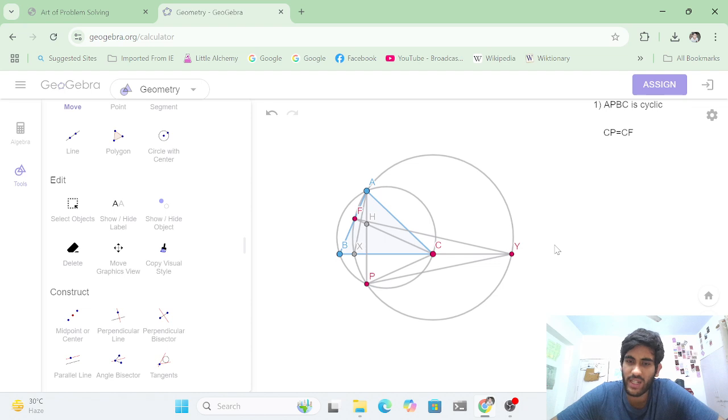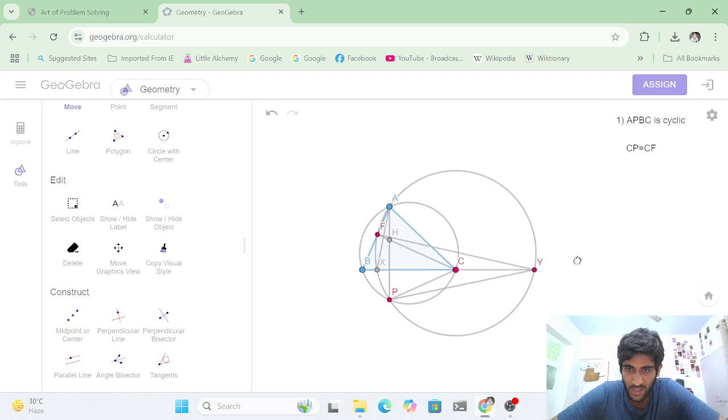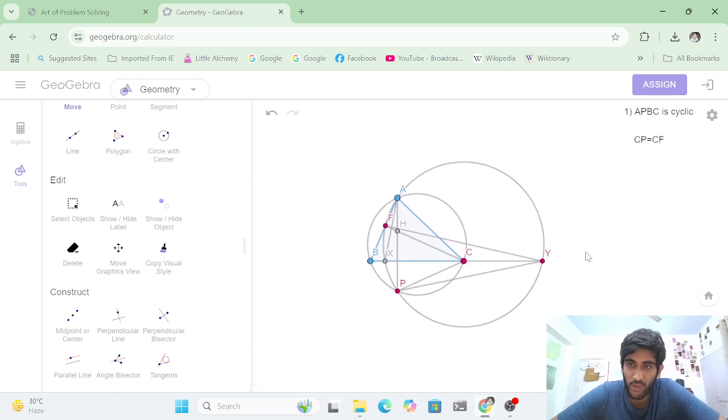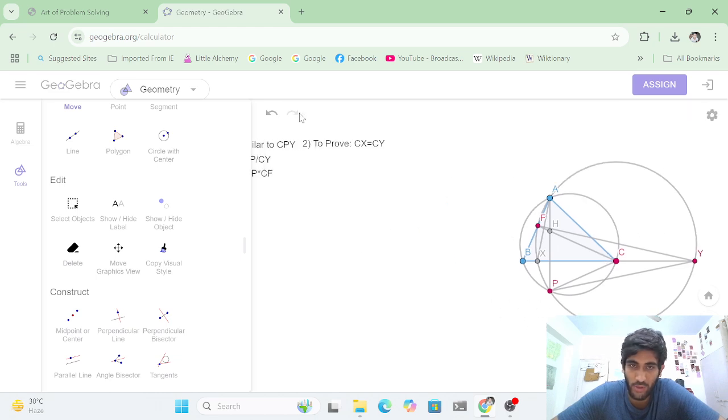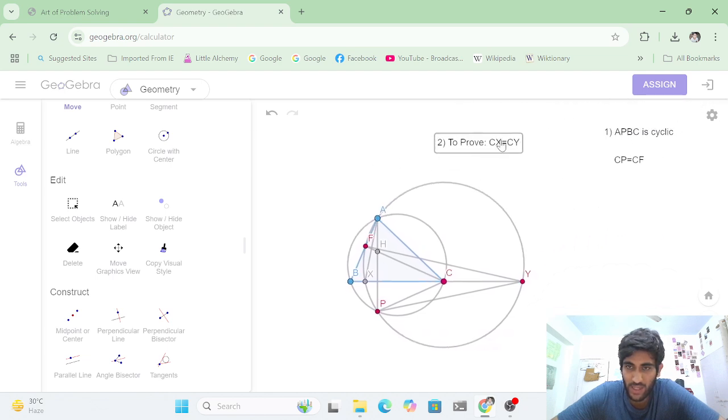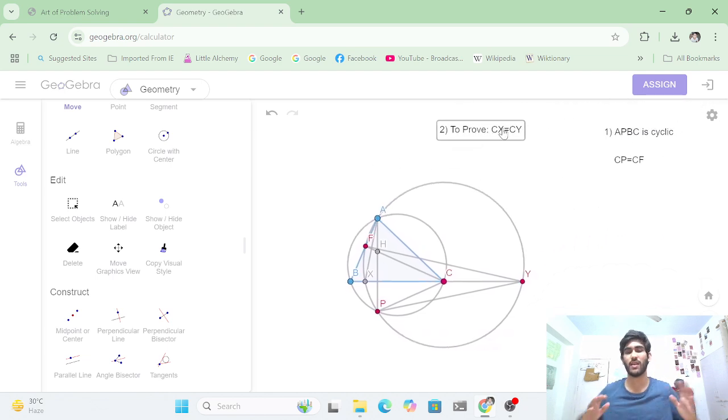This makes the question ideal for similarity and congruency to show up later. This is a good sign, and I have to work with lengths here. Basically, what I want to show is that CX is equal to CY, so I have to work in terms of lengths as well. That works as a hint.